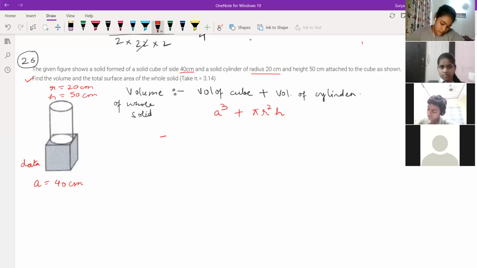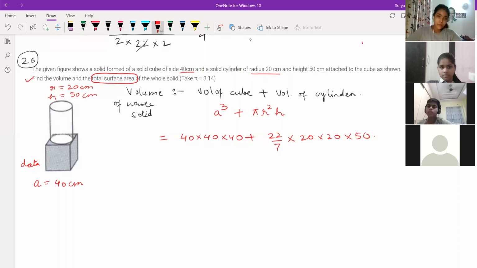It's given in centimeter. So 40 into 40 into 40, plus 22 by 7 into radius 20 into 20 into 50. You have a problem in finding total surface area, children; here only we should think a bit. So 40 into 40 into 40, what do you get? 64000 plus 20 into 20 into 50.